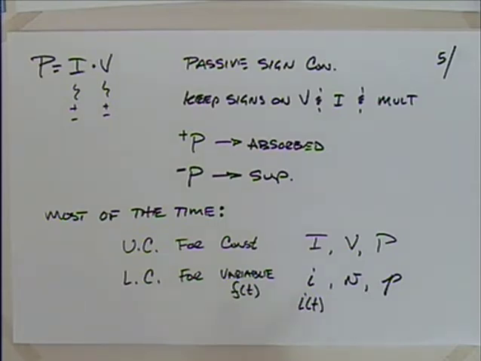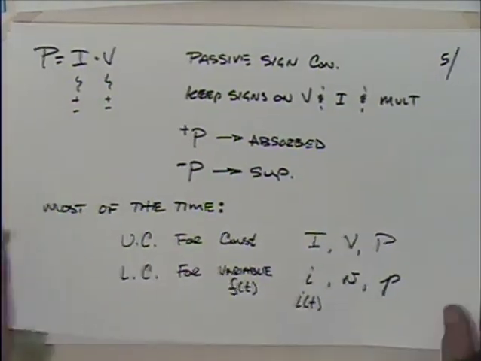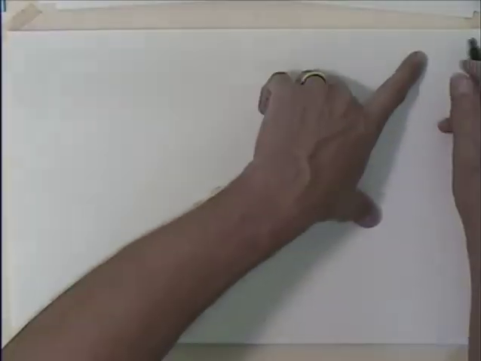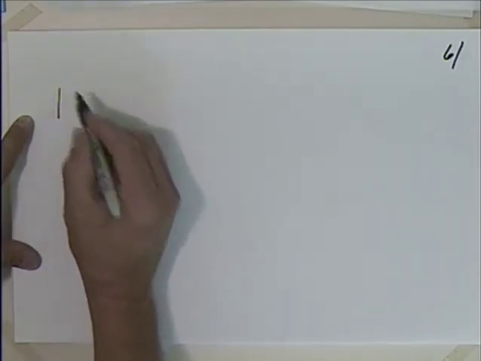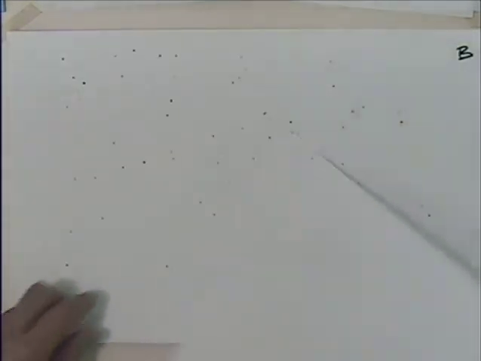So let's see if we can put this together in some kind of an example. Switch pens here. I think that one's a little tired. So let's say that I have a circuit. We haven't talked about elements yet, so maybe I'll just set this aside.